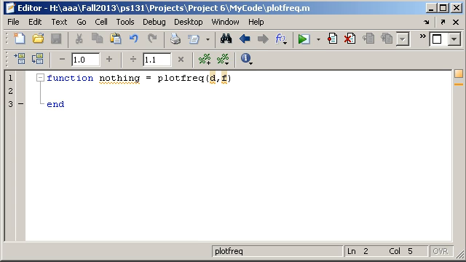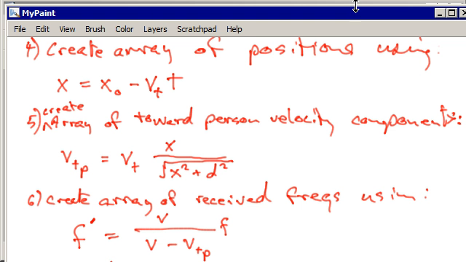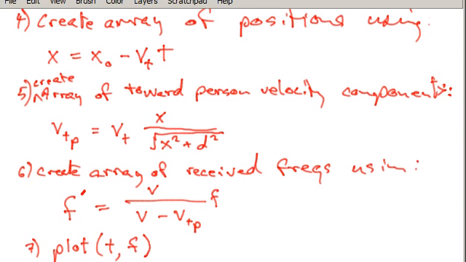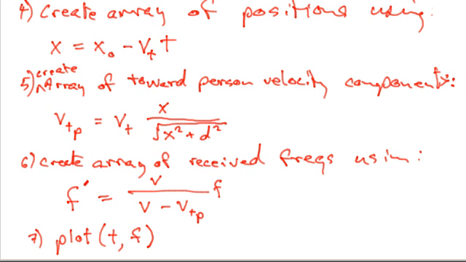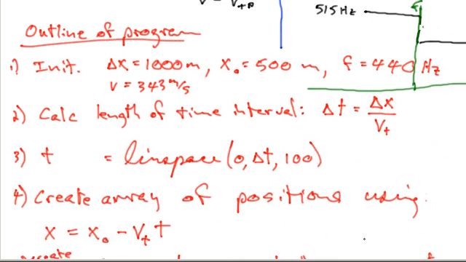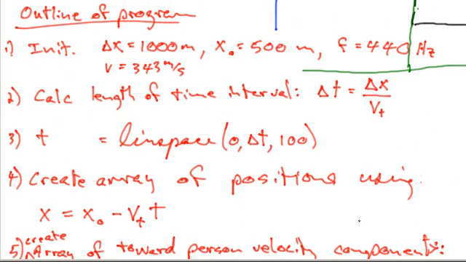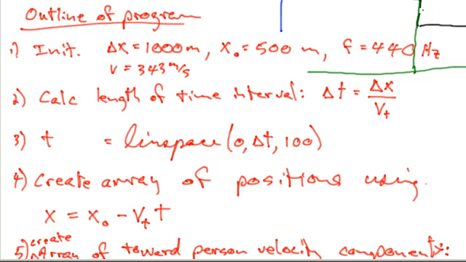Alright, then I think I want to refer to this, so I got to initialize some variables. Delta x, x0, f, and v.